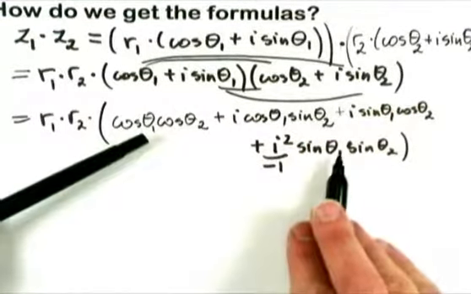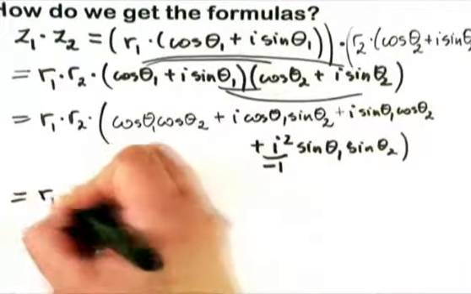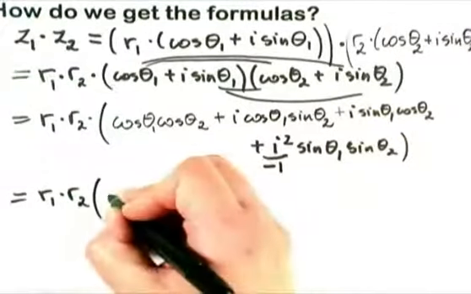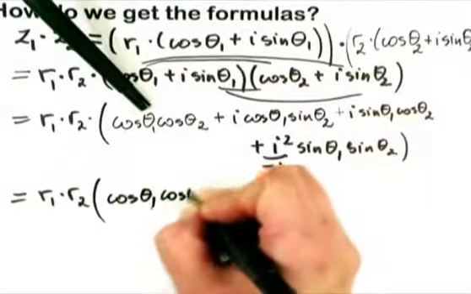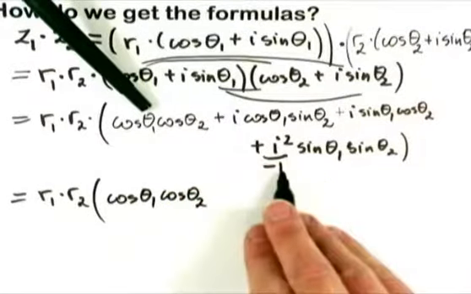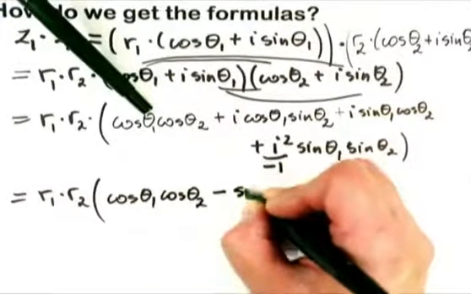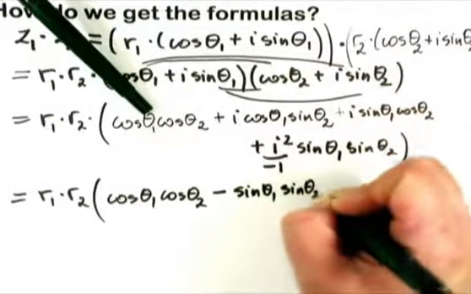So let's rearrange. We have r1 times r2 times, and in that case, cos theta 1 cos theta 2. Now we have minus 1 times this, so minus sine theta 1 sine theta 2.